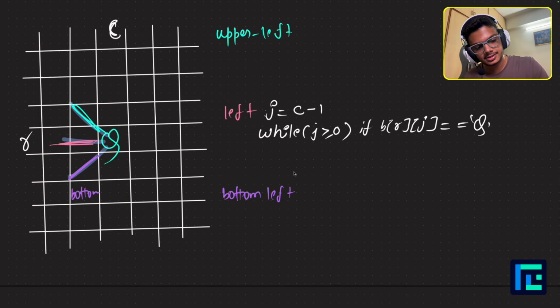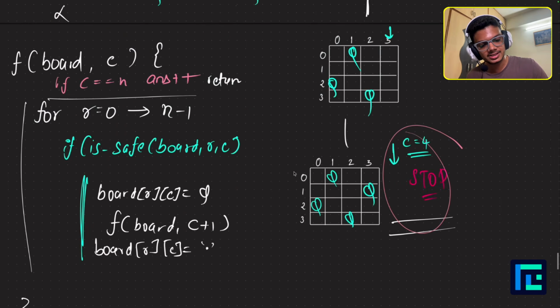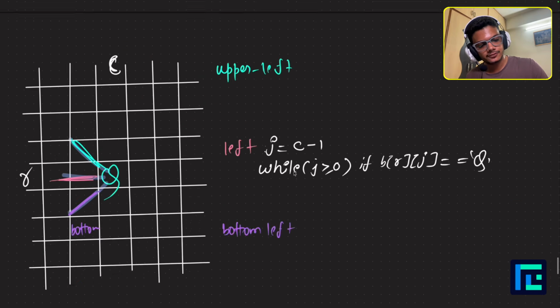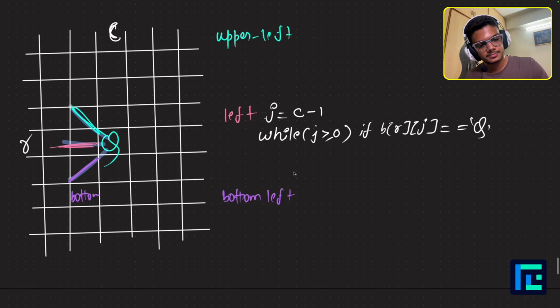If there is some queen present here, we can return false, right? So if in the same row you find a queen, you can return false. Fine. And now let's move on to checking this upper left part.